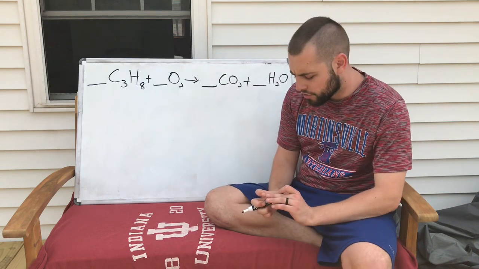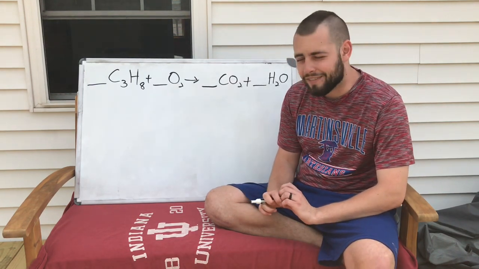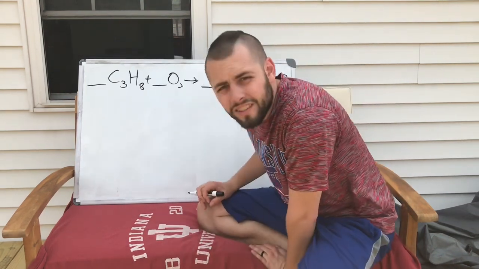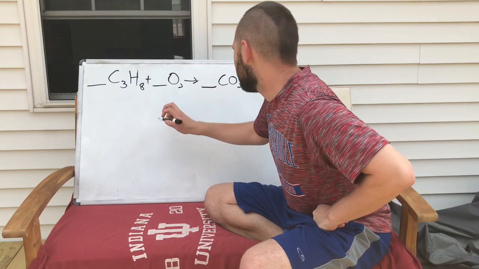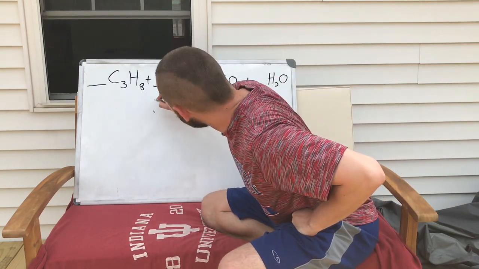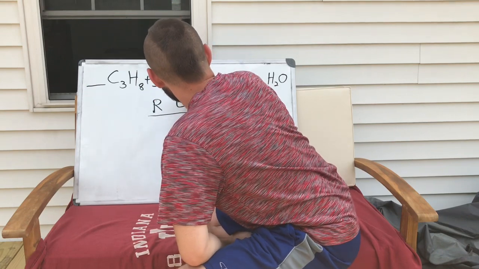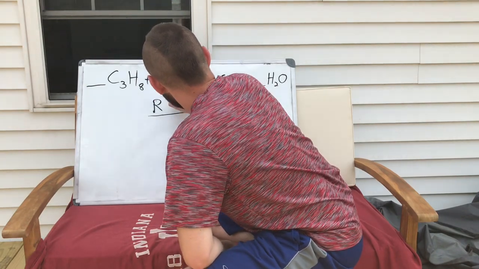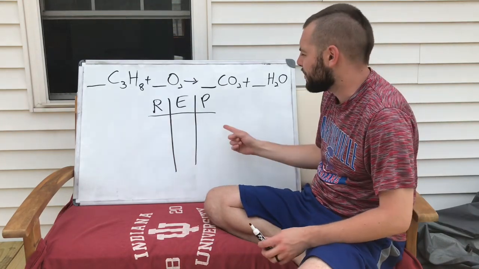I'm going to show you a little trick that Mrs. Fack taught me. Shout out to Donna Fack. She calls this the rep table. The rep table, R-E-P. So what she does, you make yourself a little table that looks like this, rep.